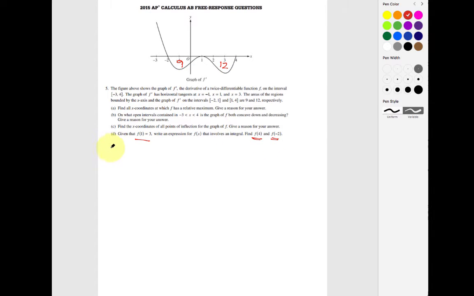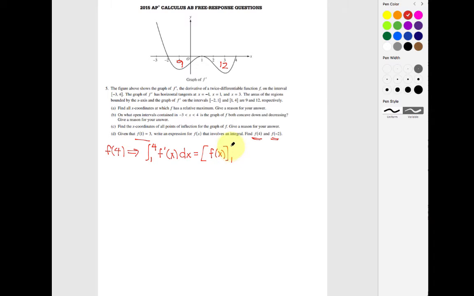So the first thing I'm going to do is figure out what f of 4 is. The way I like to approach this is I'm given information about f of 1 and I'm trying to find f of 4, and I know that the integral of f prime is going to bring me back to f. So again, I have information about 1 and 4, so that's how I determine the bounds of my integral. The integral from 1 to 4 of f prime of x dx is the antiderivative of f prime, which just brings me back to f.